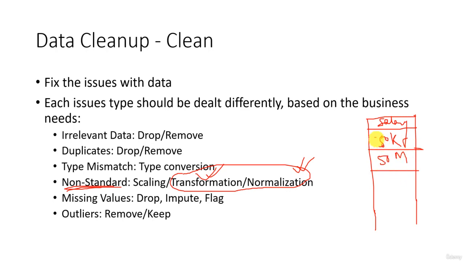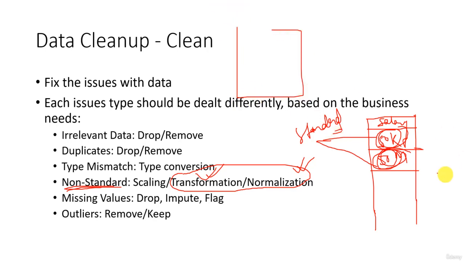Now you can clearly see these data are quite different. Some of them have a low salary and the people who are billionaires have a much higher salary. So they are not standard. They are non-standard data. Now if I make a machine learning model using this data, then our model will be biased toward the higher value.